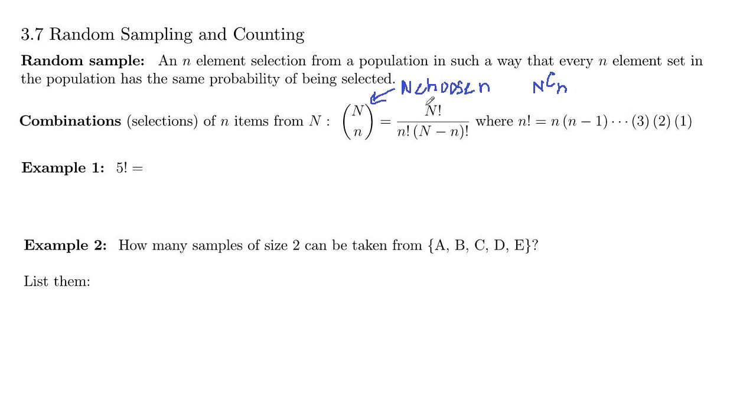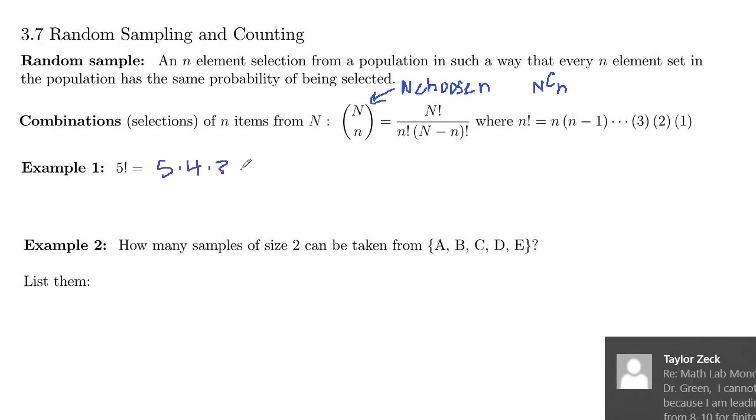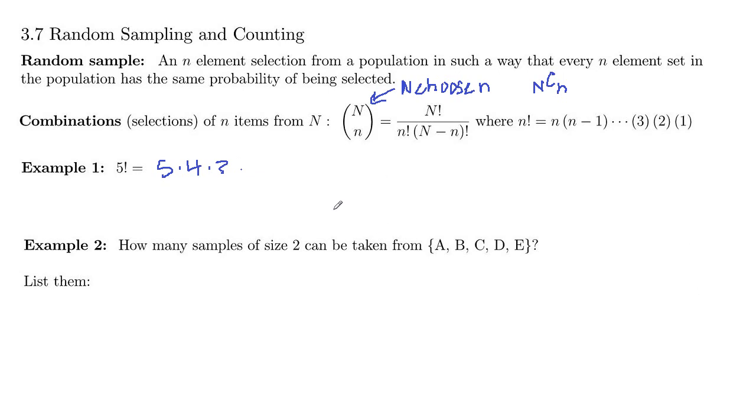And this is defined to be cap N factorial over little n factorial times cap N minus little n factorial, where n factorial just multiplies from that number all the way down to 1. So for example here, 5 factorial is 5 times 4 times 3 times 2 times 1.